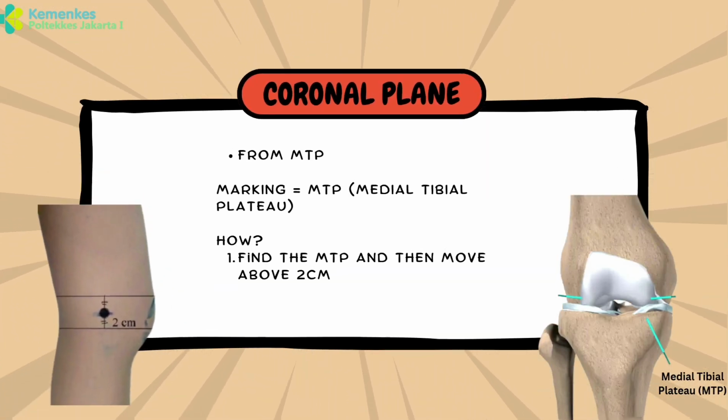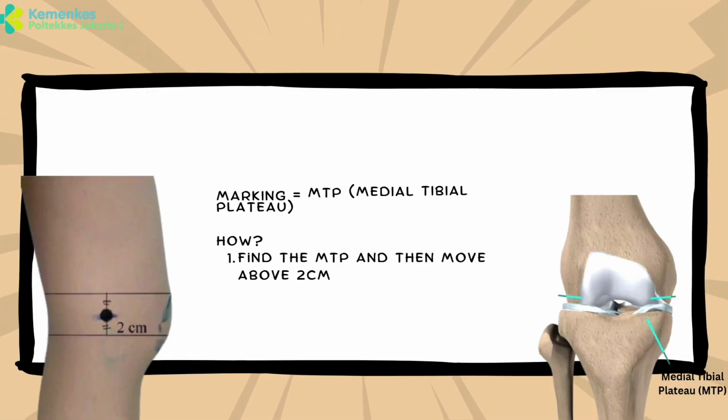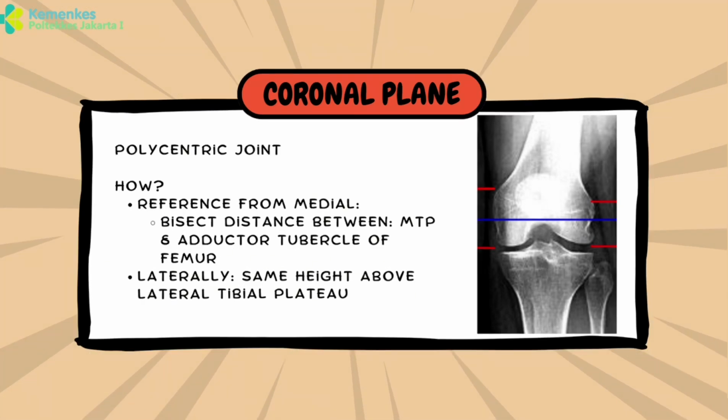And next is from MTP. For the marking, it is the medial tibial plateau, and we find it by locating the MTP and then moving up about centimeters. And next, how we determine if the type of knee joint is polycentric.